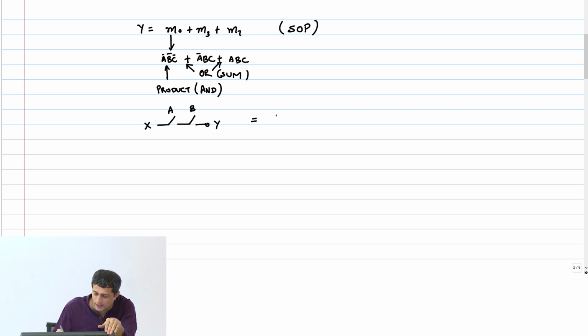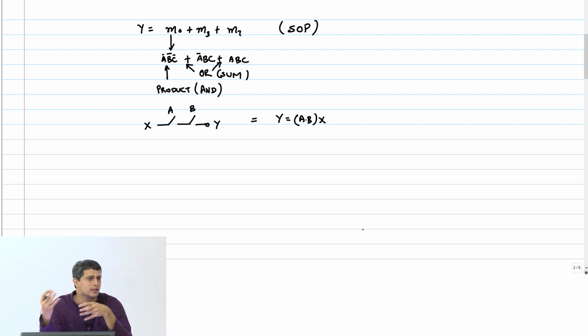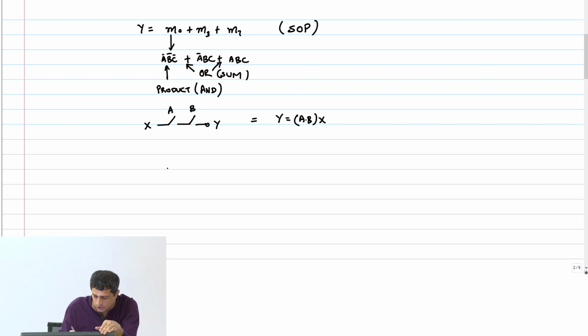So this can be written as Y equals A and B into X. So there is a Boolean operation on A and B, and then it is passing the logic value X to the output Y, right? So similarly, if I have two arbitrary switches which are in parallel, and I have inputs X1 and X2, then my output Y would now be A times X1 plus B times X2, right?